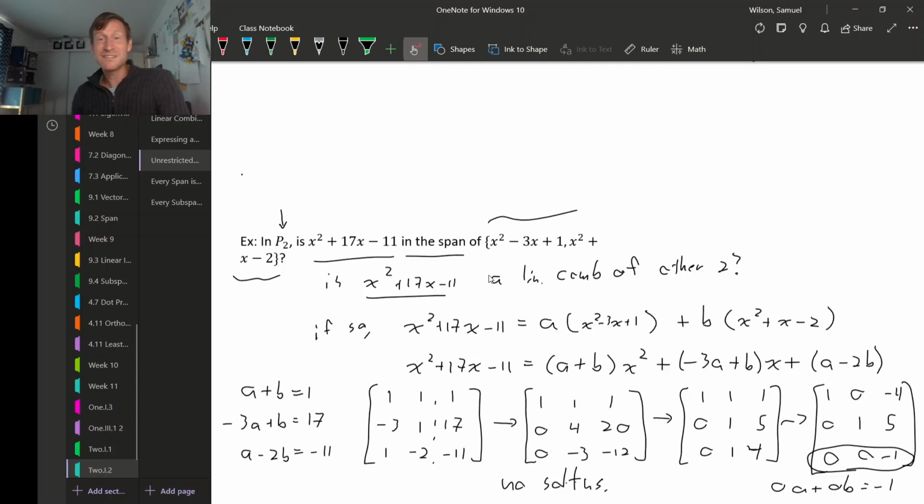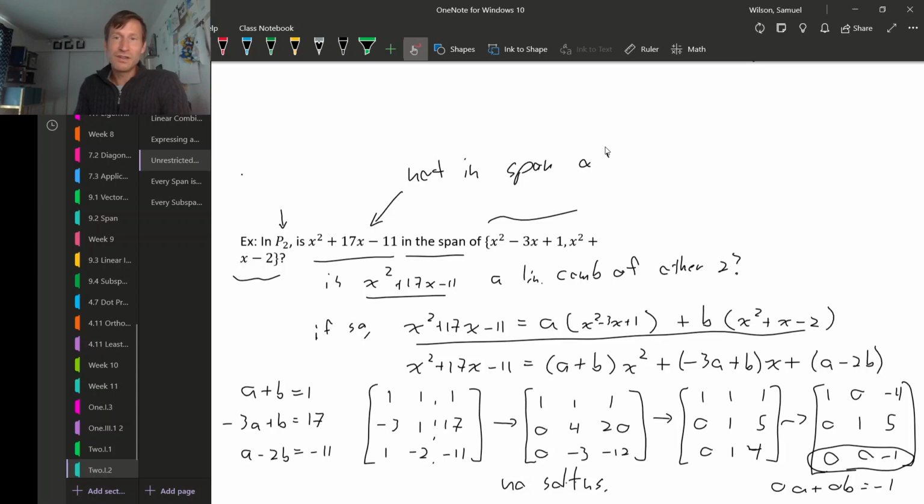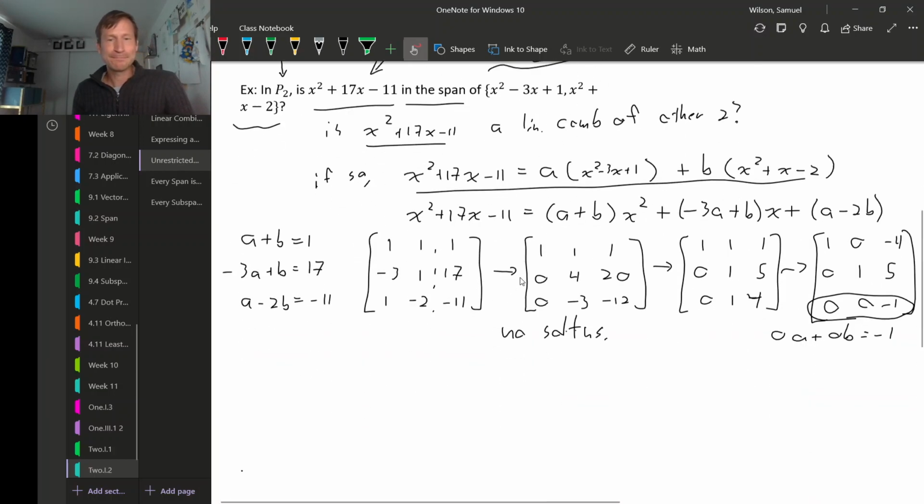That means it's impossible to make this true, and that means this is not in the span of those, because it's not a linear combination of these two. So again, span is just a compact way of referring to all possible linear combinations of some vectors.